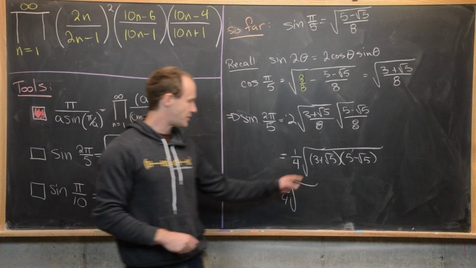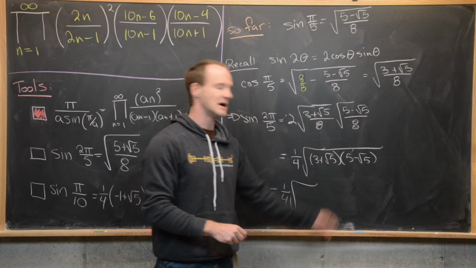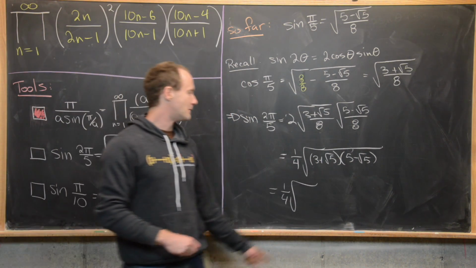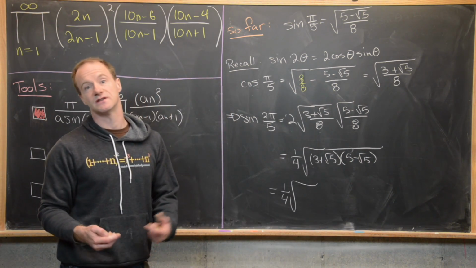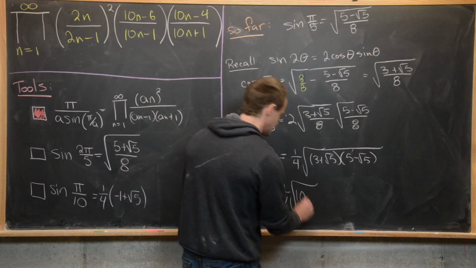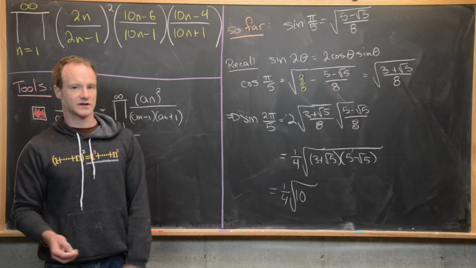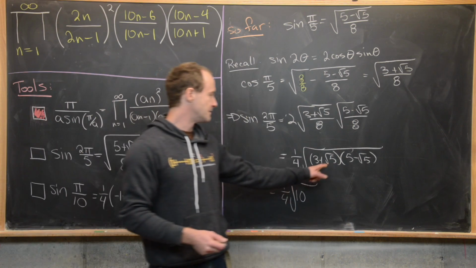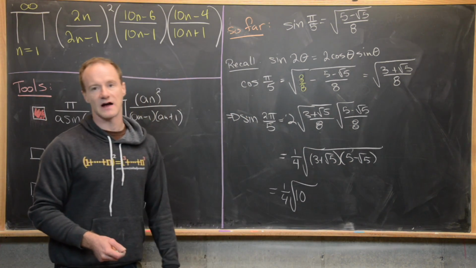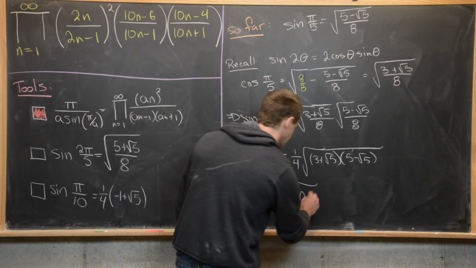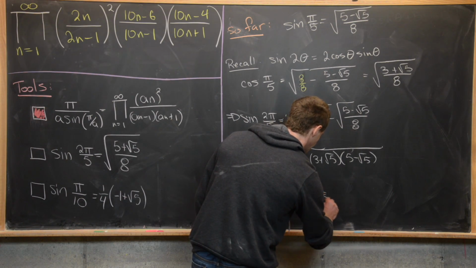We get 3 times 5, which is 15, minus root 5 times root 5, which is 5, so we've got 10. And then the irrational, or the square root of 5 part, will be root 5 times 5, so that's 5 root 5, minus 3 root 5, so that's going to be plus 2 root 5.